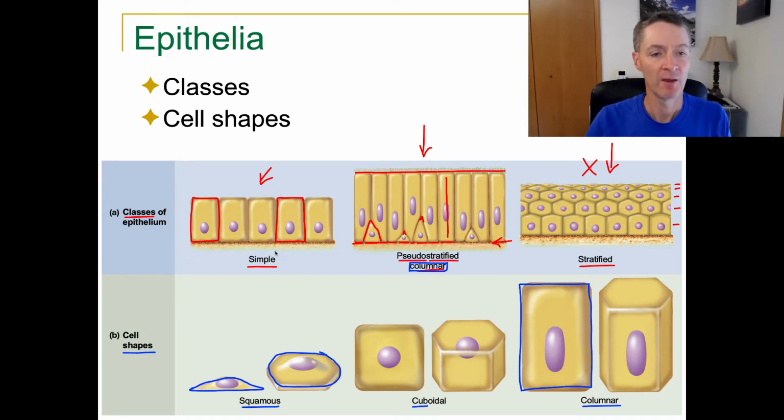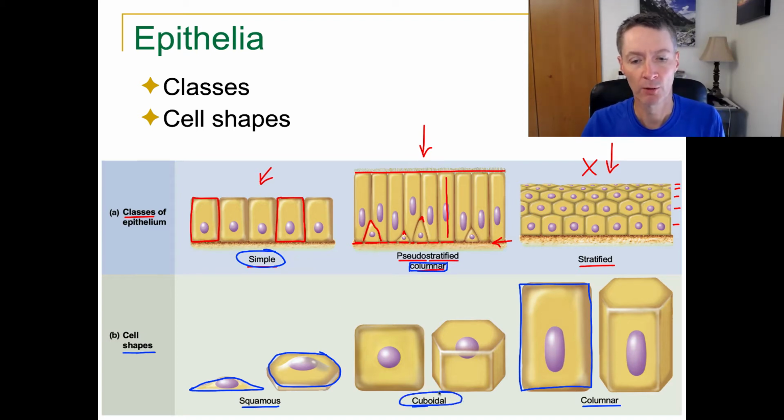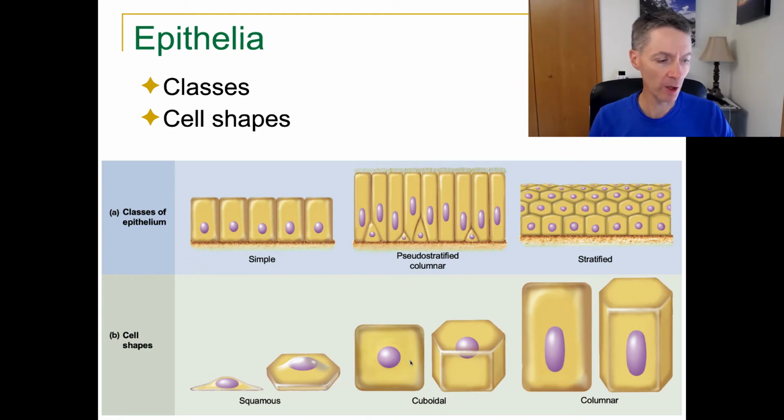We might have simple, and then we follow it up with, let's say, cuboidal. Simple cuboidal epithelium. Well, it tells you two or three things, right? It tells you that it's one layer, it tells you the shape of the cell, and epithelium kind of reinforces the idea that this is a surface somewhere. It's covering a surface. All right, so let's launch into these.